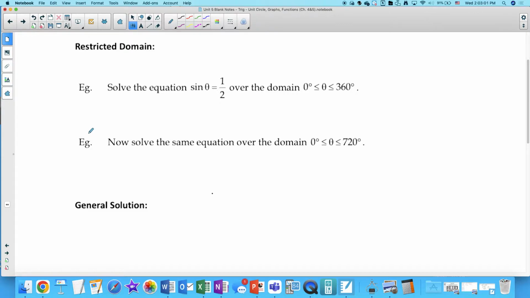We'll also talk about the general solution and what that means and how to write it, because you could be asked for both, or you may just be asked for the solutions over a restricted domain, or you might be asked for the general solution, in which case you don't have a domain. Domain is that the angle can be anything.